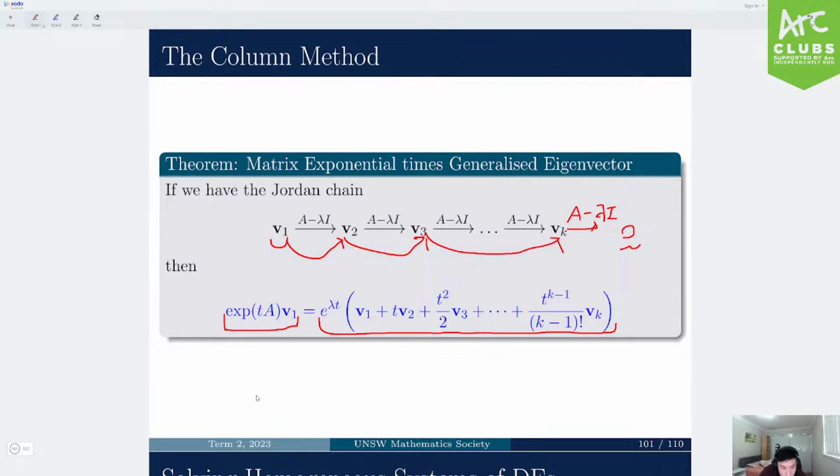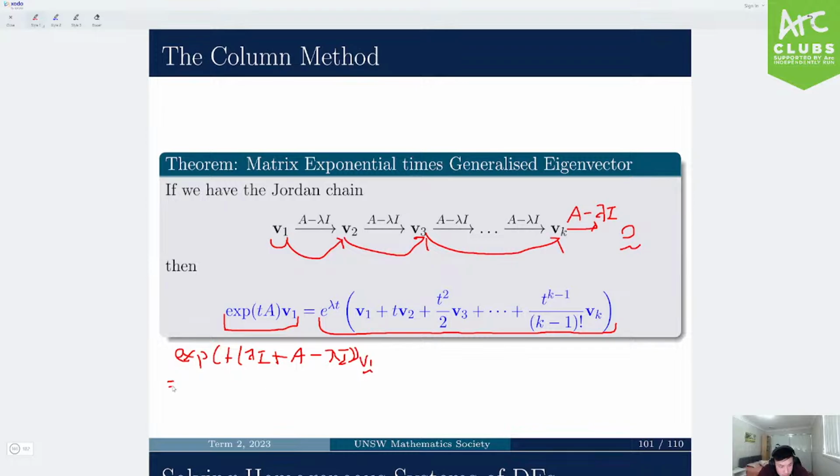And the quick proof for this is that if we have exp of tA, we can write this as exp of t times lambda I plus A minus lambda I. The reason why we want to write this is A minus lambda I is because we want to make use of this thing here. We chain it down, and this is going to be, that should be I. We multiply by v1.